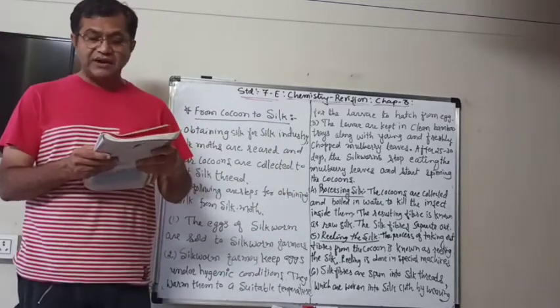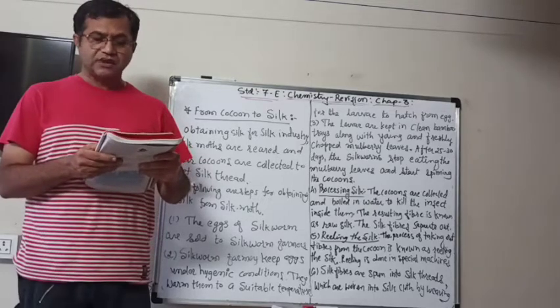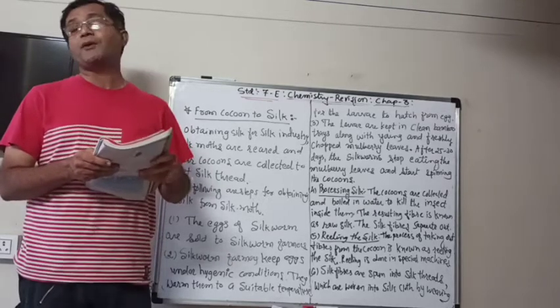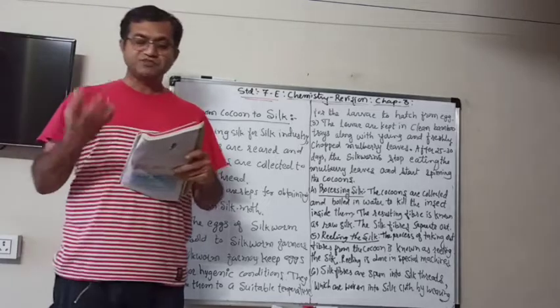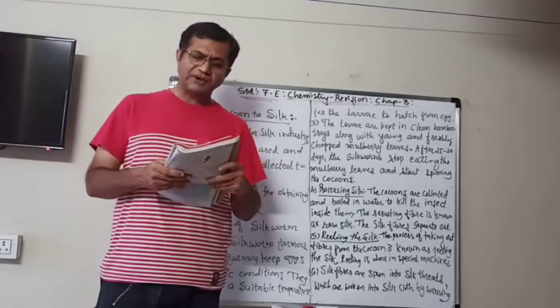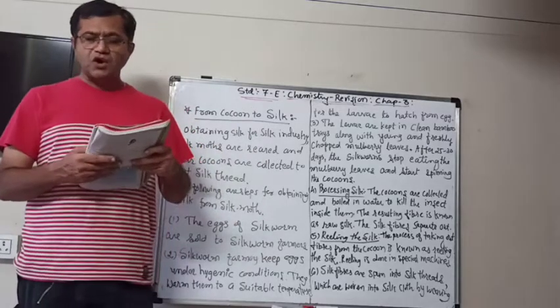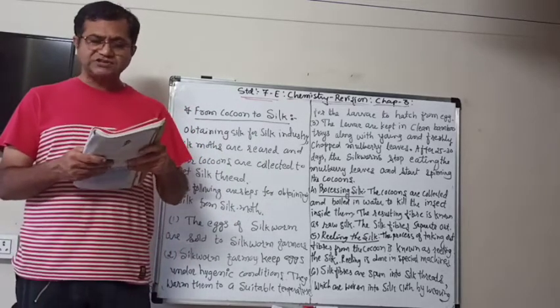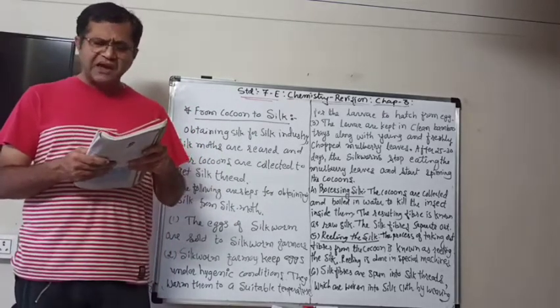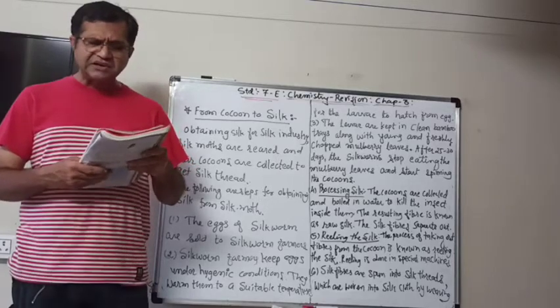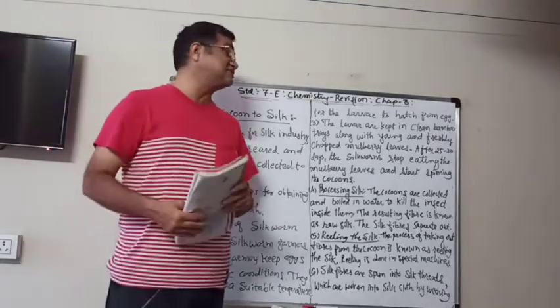This is done when mulberry trees bear a fresh crop of leaves. When the mulberry trees have a fresh crop of leaves, that is the time it is done. The larvae, called caterpillars or silkworms, eat day and night and increase enormously in size.